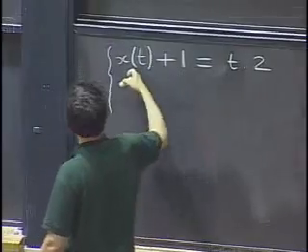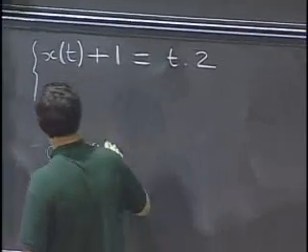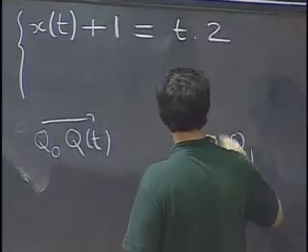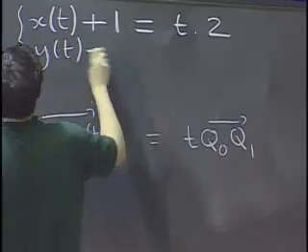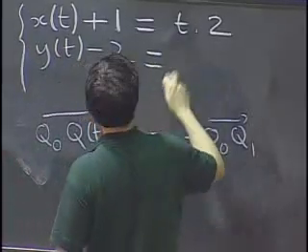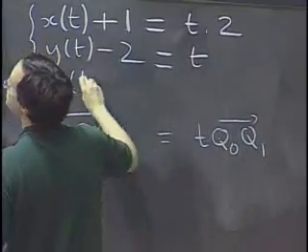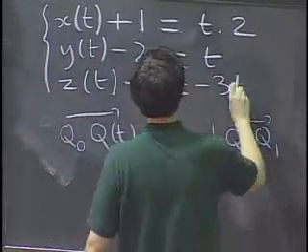I'm writing the components of vector q0, q of t. And here I'm writing t times q0, q1. y of t minus 2 equals t. And z of t minus 2 equals minus 3t.